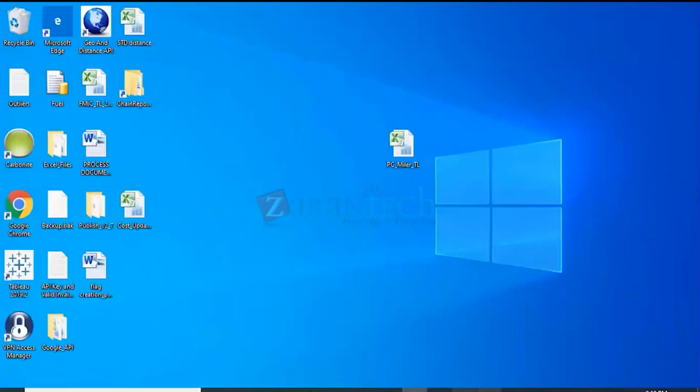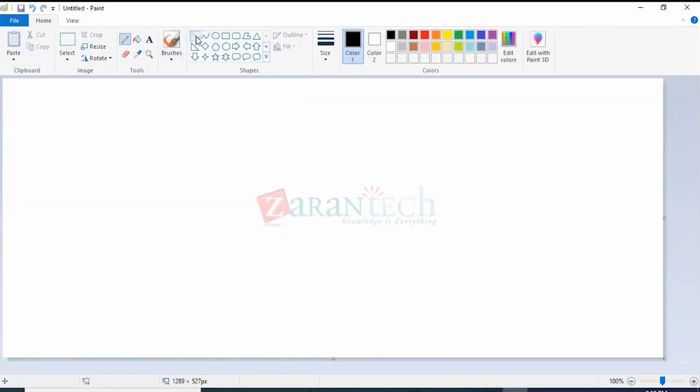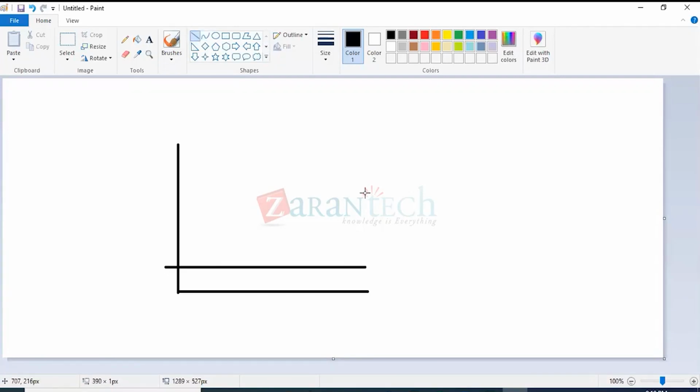Okay. So now let me fit the best fit line again. Let us consider that, based on the data set and after fitting the best fit line, this is my best fit line.